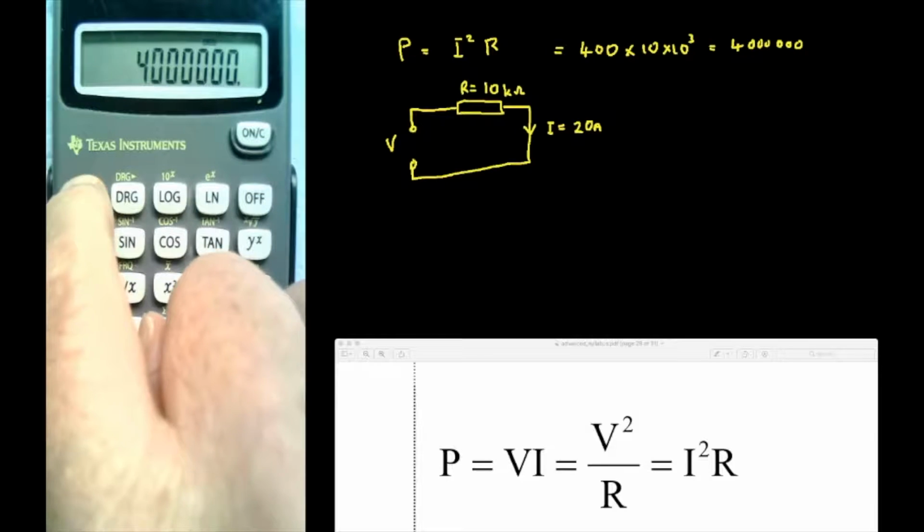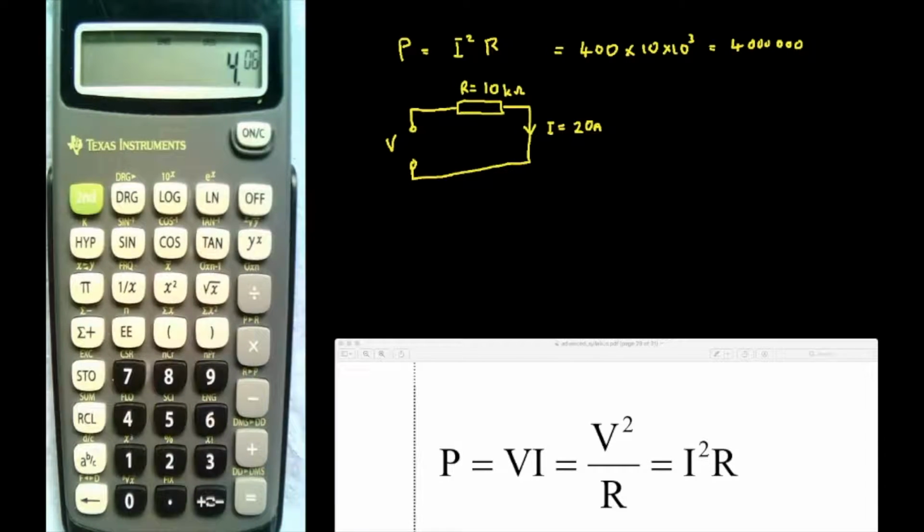So now I'm going to put it into engineering mode, second function engineering, and I get 4 times 10 to the 6 watts. The power is in watts, so 4 times 10 to the 6 watts. In other words, I would have 4 megawatts. A lot of current through a very high resistance is going to give me a lot of power.